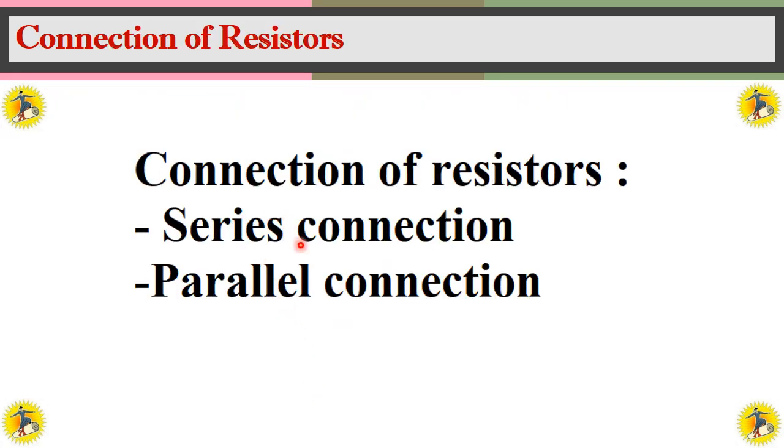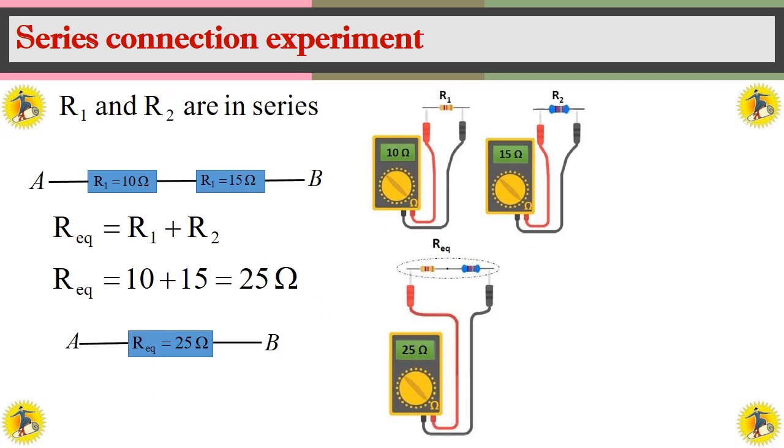Now, connection of resistors. We have two connections, series connection and parallel connection. Series connection experiment. If we measure the resistance of R1, we get 10 ohm, and for R2 it is 15 ohm.